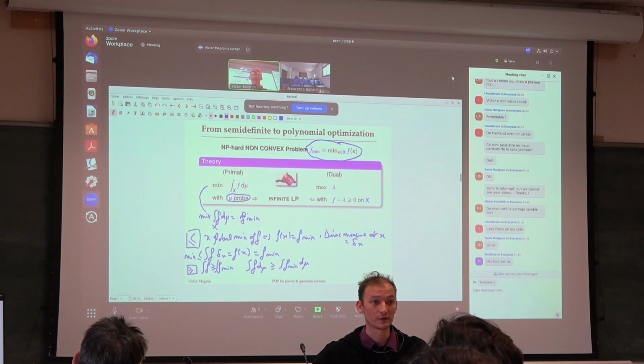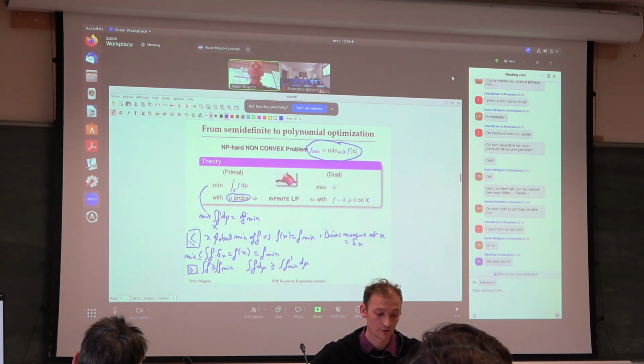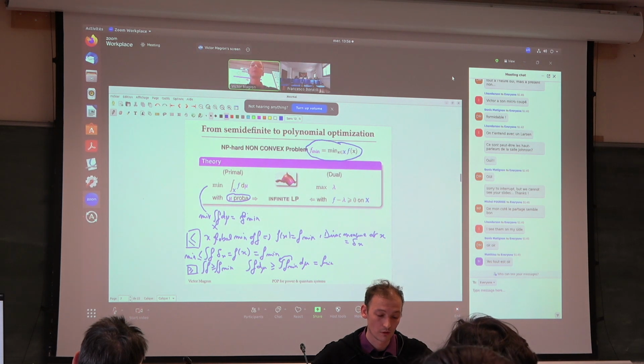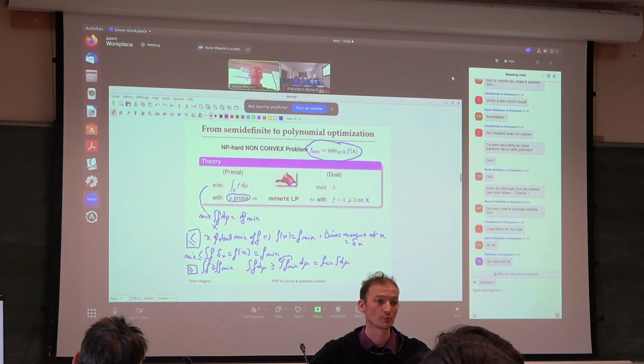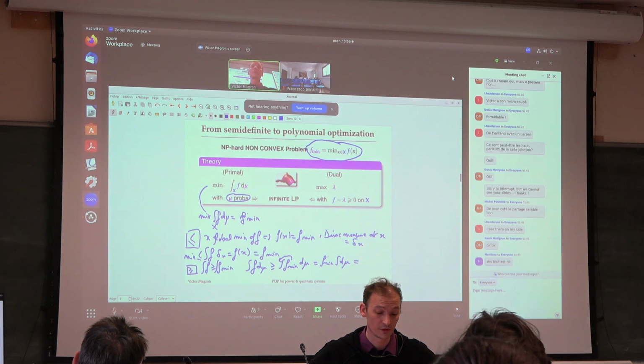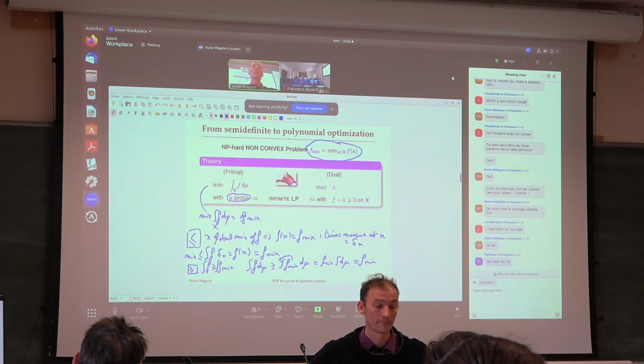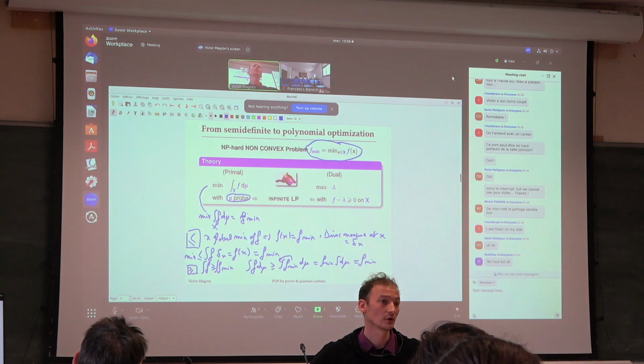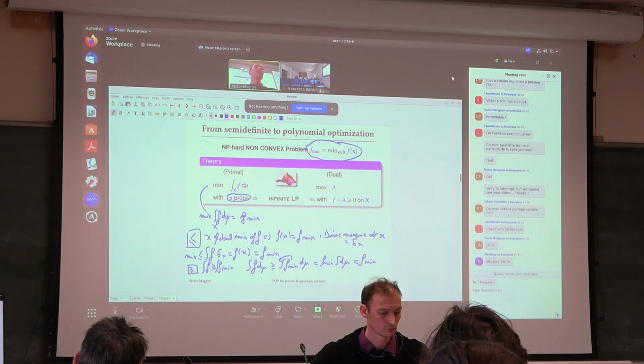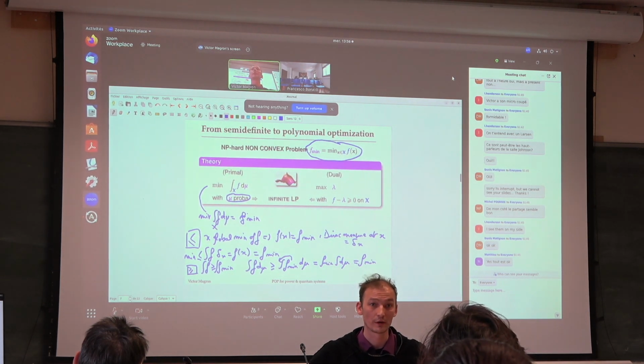But f min is a constant, and then you just put it out of this integral, and this is equal to f min times the integral of d mu. And since mu is a probability measure, this is equal to f min. Okay? And this is true for every measure, so this is also true for the minimum over all measures. And so this is the second direction. Any questions on that? This wonderful proof?